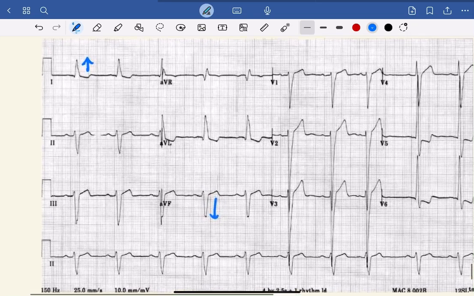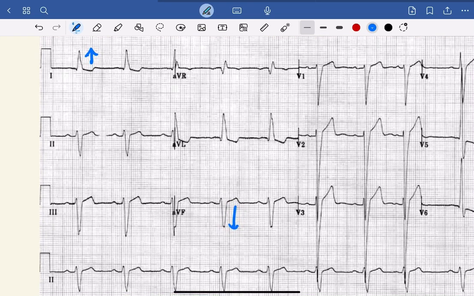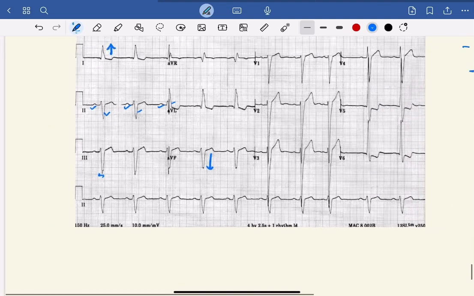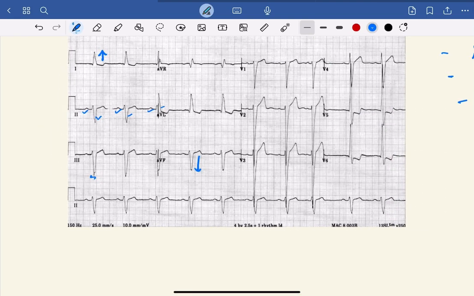Next, you have to see waves. Lead 2 P wave is normal, QRS there is prolongation, a little wide complexes are there. So wide complex QRS, and what happened here?